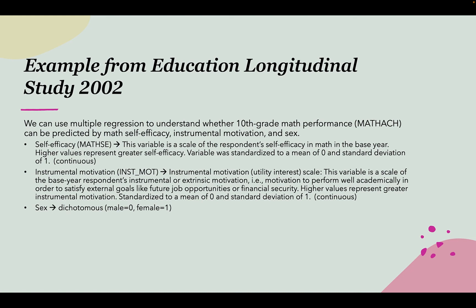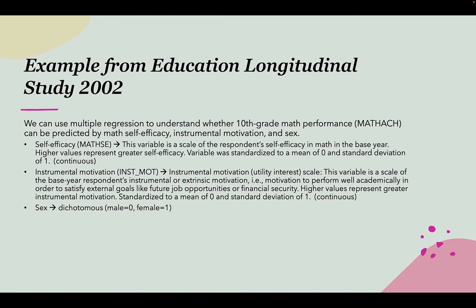Because this is a national data set, this is federal data, it has been mean-centered. It's been standardized to a mean of 0 and a standard deviation of 1, and it is continuous, so it kind of looks like z-scores.